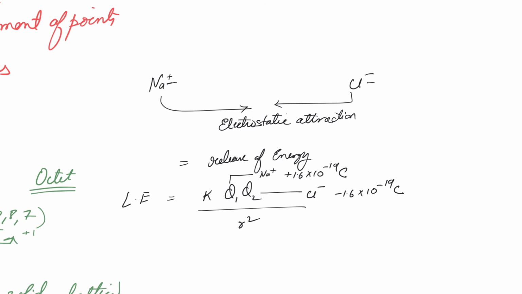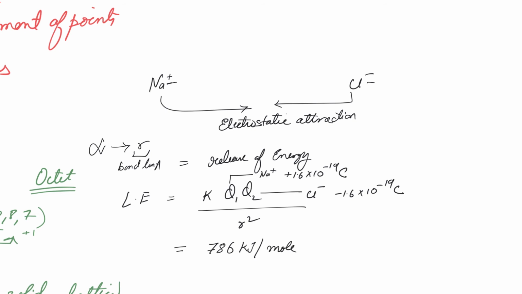That means we are bringing them from infinite distance to R, where R represents the bond length. So this is the lattice energy that will be released when they are brought closer. In this case, that happens to be 786 kilojoule per mole.